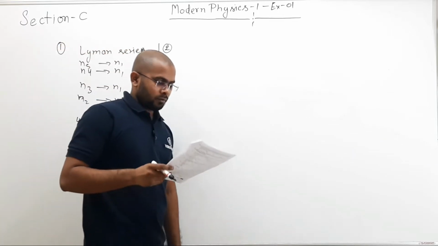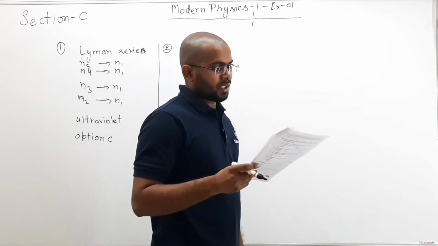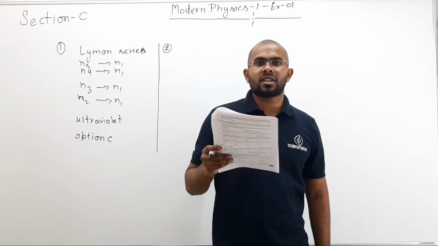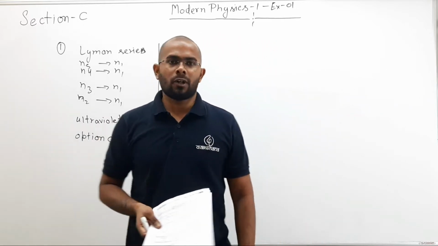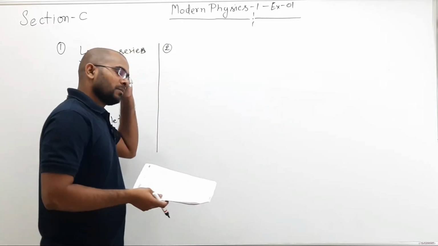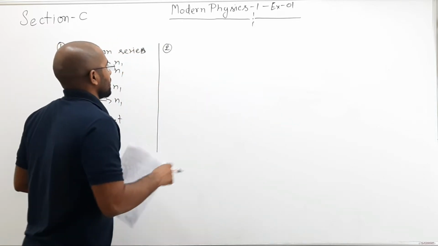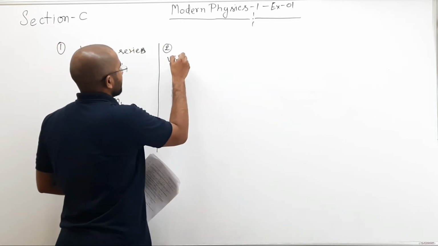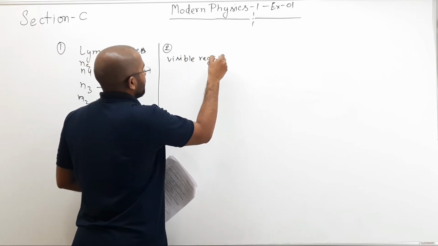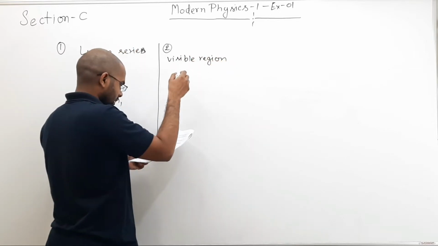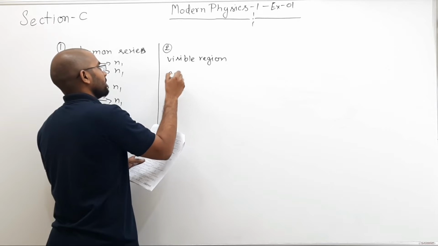Question number 2. Which one of the series of hydrogen spectrum is in the visible region? We have already studied this, that visible region will be your Balmer series.